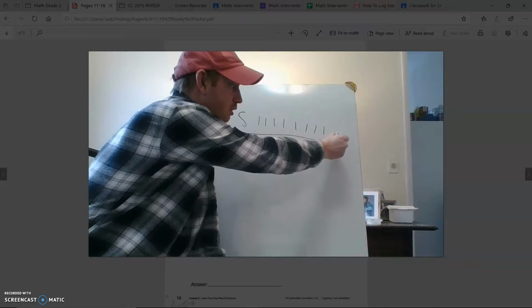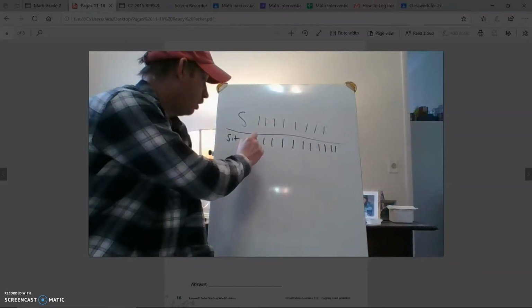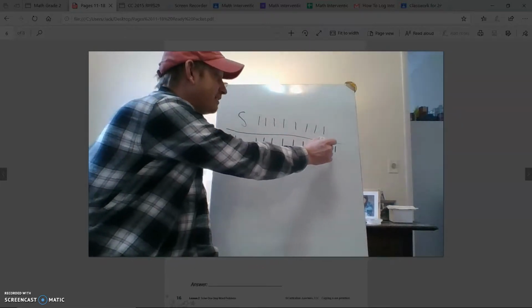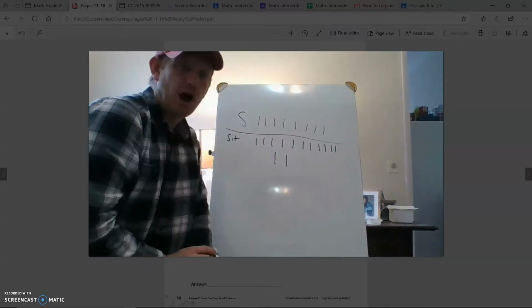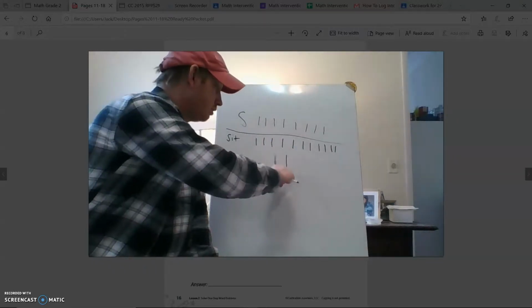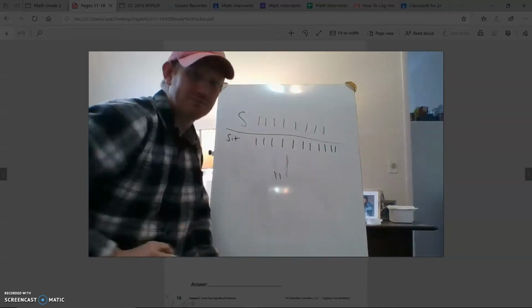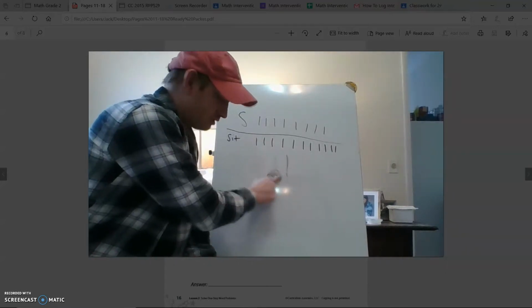1, 2, 3. Now I can just count again. 1, 2, 3, 4, 5, 6, 7, 8, 9, 10, 11. So my answer is 11. I'm also going to circle that 11 so you can really see it. My answer is 11. So I'm also going to do a number sentence.